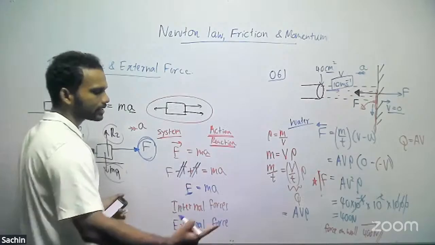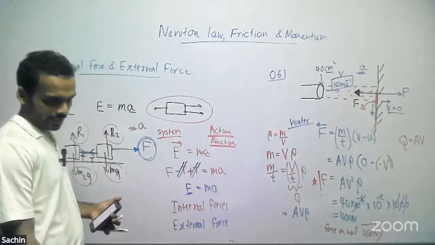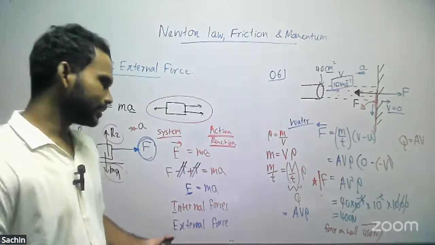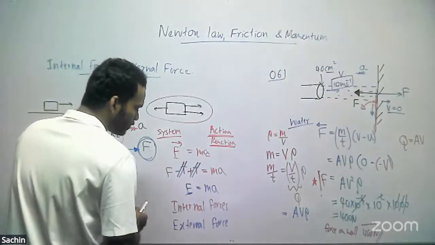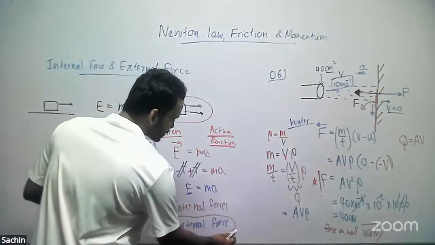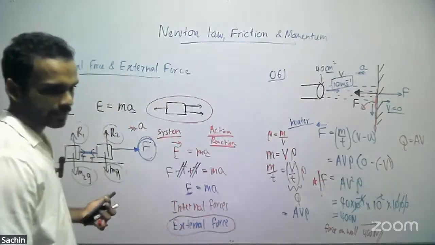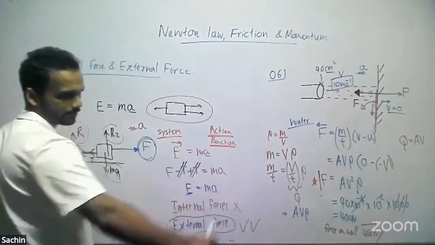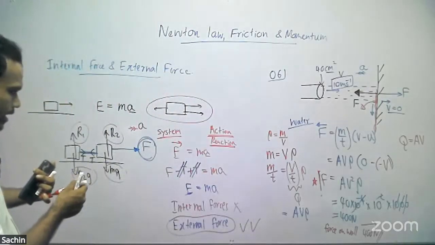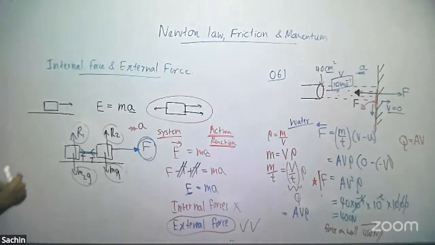Either action or reaction stays inside the system. If only one of them is there, we call it an external force. Remember, only external forces can influence the system's motion. Internal ones cannot. So that is the concept about internal and external forces.